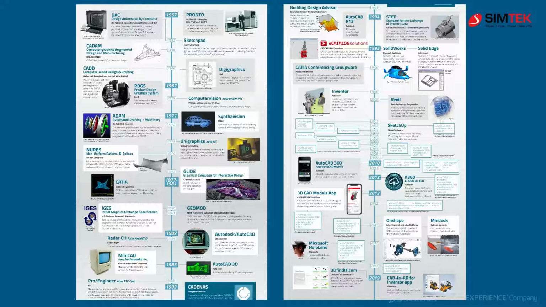SolidWorks started the journey in 1995 and is still a successful product in the market, and now they have introduced a platform for CAD called 3DExperience. With this single login of 3DExperience, you can do a lot more things than CAD, which is required for an organization for collaboration and to improve productivity.